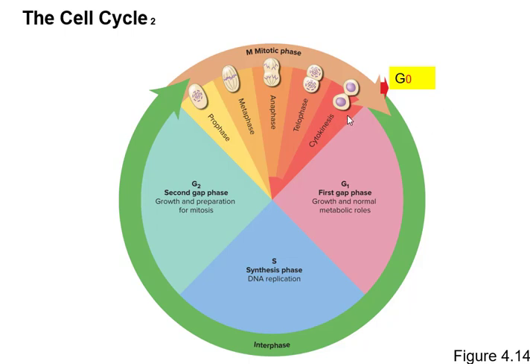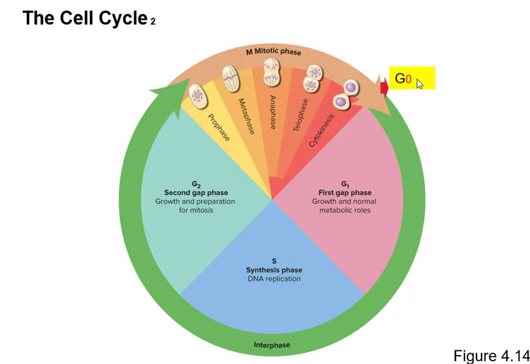Most cells will exit right here and go to what we call G0. And in that, the cell is not dividing. It's just doing what it needs to do until it grows old and dies. So G0 is a cell that is not going anywhere. It's just doing normal cell functions and not dividing.